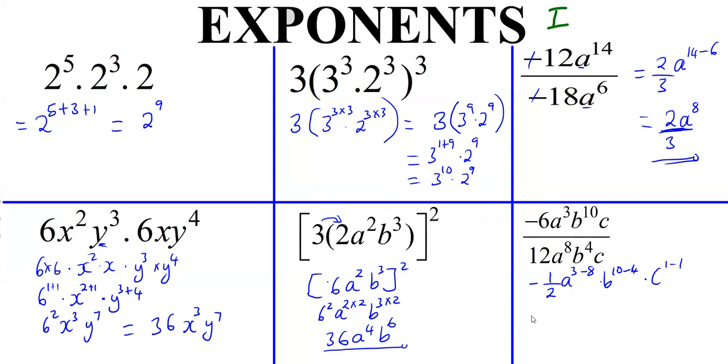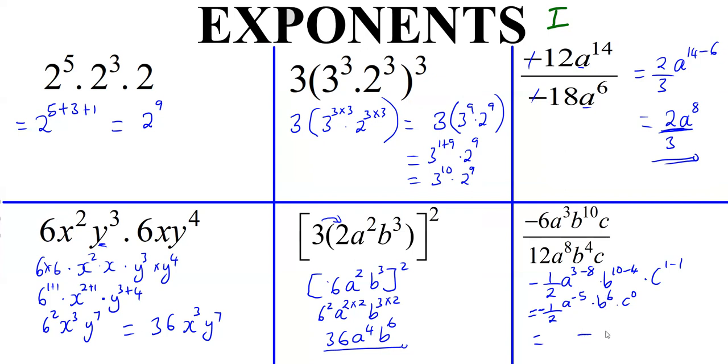Okay, so here what we have is negative 1 over 2, A to the power 3 minus 8 is going to be A to the power minus 5, B to the power 10 minus 4, B to the power 6, then C to the power 0. Remember here now, what do we have? A to the power negative 5, B to the power 6. What happens? We take the negative down.